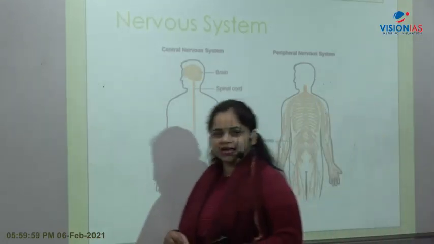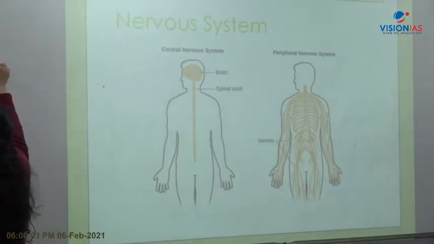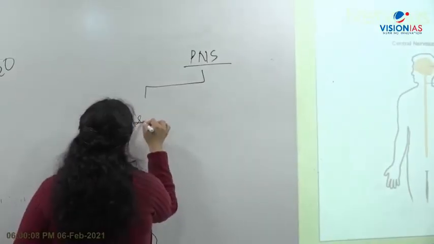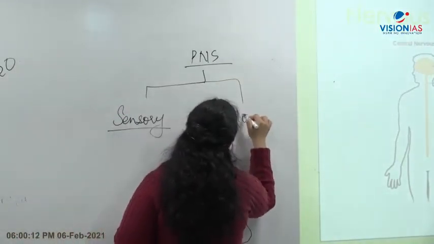There are two types of nerves in the peripheral nervous system. One is sensory, the other one is motor.